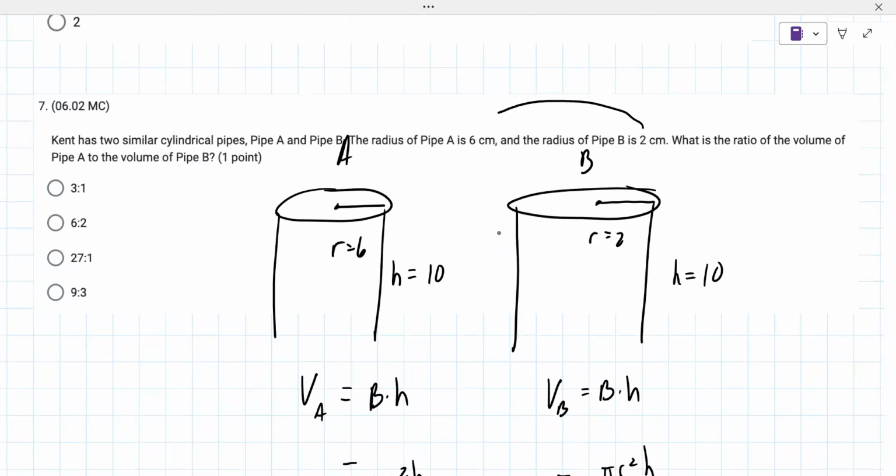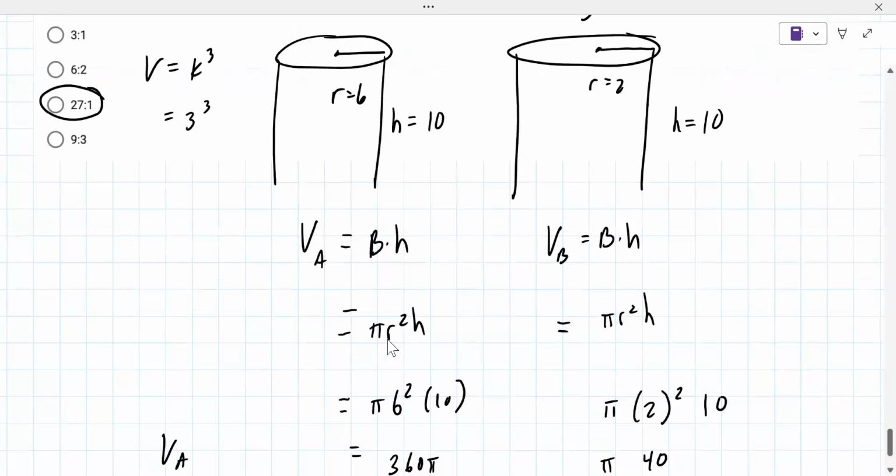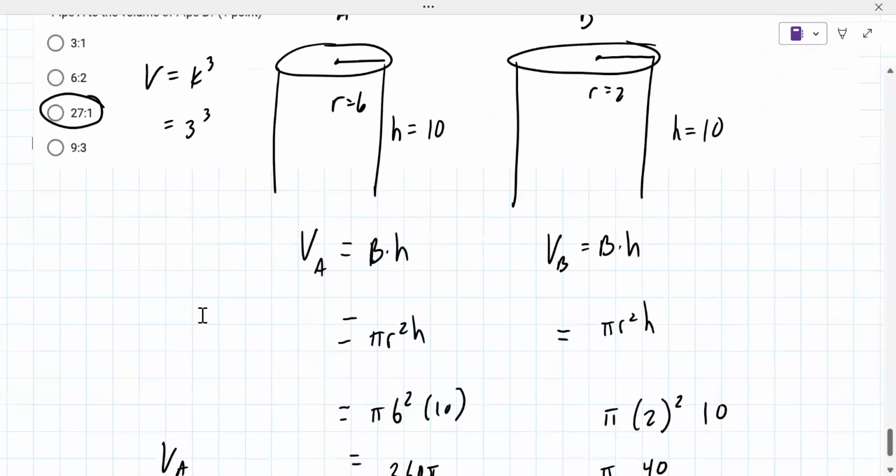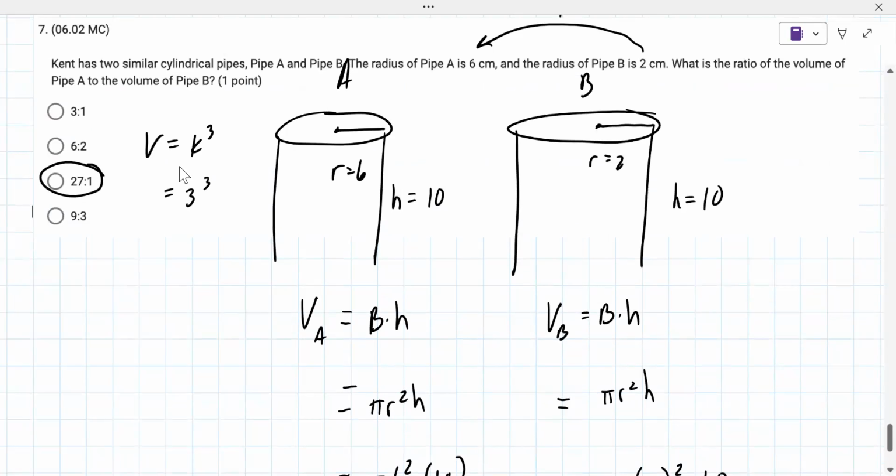If you go from a length, you see how your k here is 3, 2 times 3. So the volume is always k cubed. So it should be this one. But why isn't that working? Pi r squared times h, pi r squared times h. I would tell you to go with this one based on that, but something's not right here. I'm not sure what it is though.